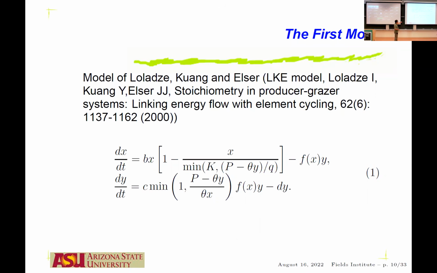But anyway, if you remove the minimum function, replace this by 1, and this just by k, supposing this value is bigger than k, then this is the Rosenzweig-MacArthur type 2 predator-prey model that we all know, which has interesting dynamics. With k small you have predator extinction, with k in the middle you have a stable steady state, and then further on a limit cycle, and forever a limit cycle.